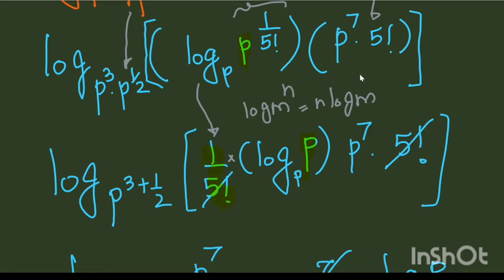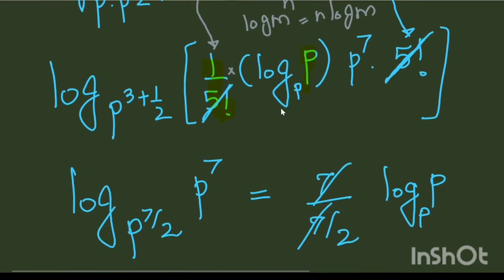As soon as it came down, we cancelled this 5 factorial with the 5 factorial already given here. So this gets cancelled. Log p base p, we know from the rule, is 1. So we are left with p to the power 7 only. All other things are either cancelled or simplified.